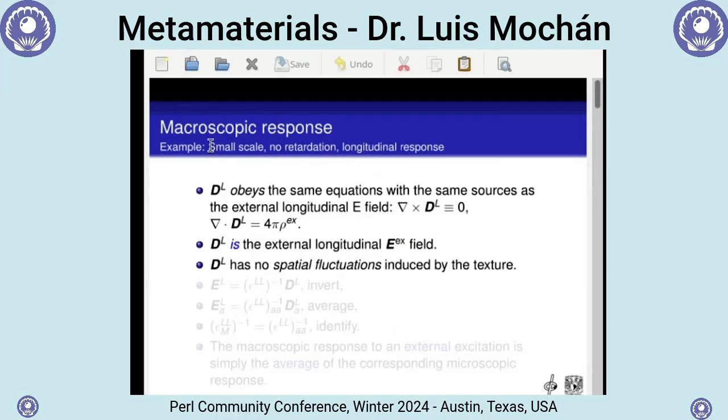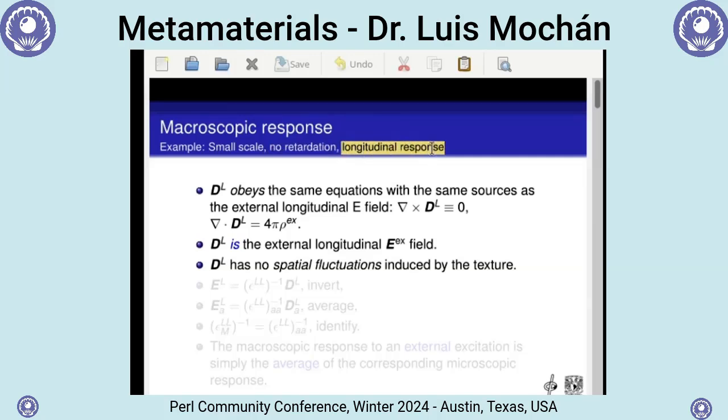So I'll show you an example of how one can proceed. The example is based on materials that have a very small scale, much smaller than the wavelength of light, so that one can ignore what is called retardation, the time it takes for light to go from one part of the material to another part, from one unit cell to another unit cell, or to go across a particle.